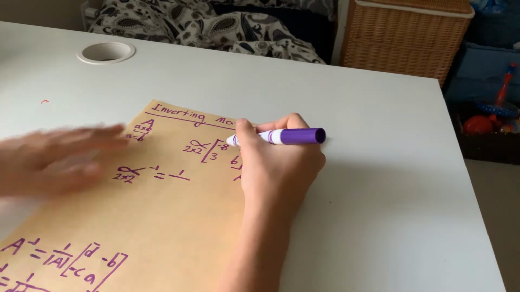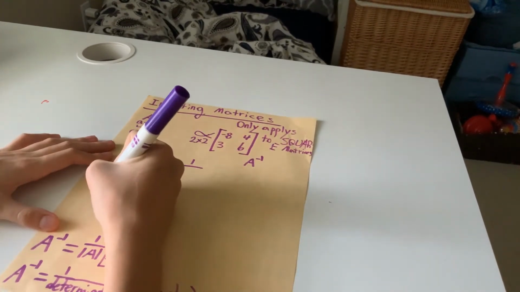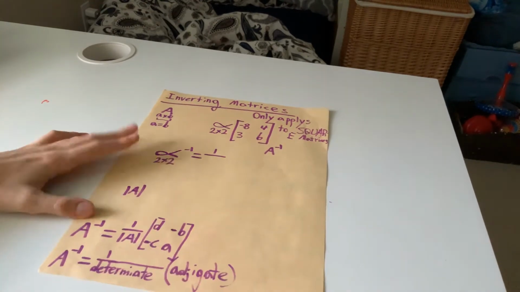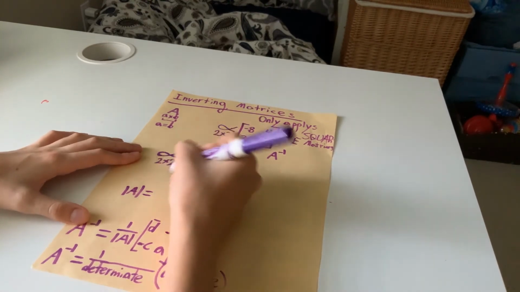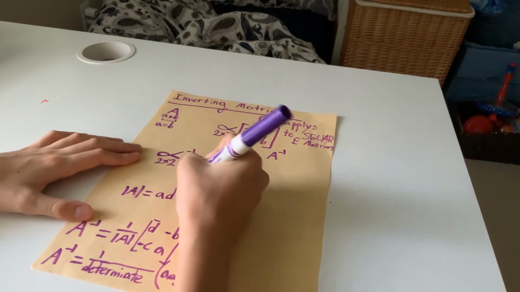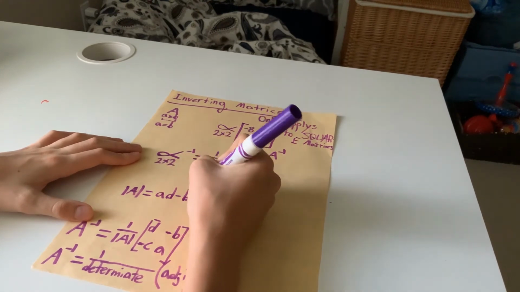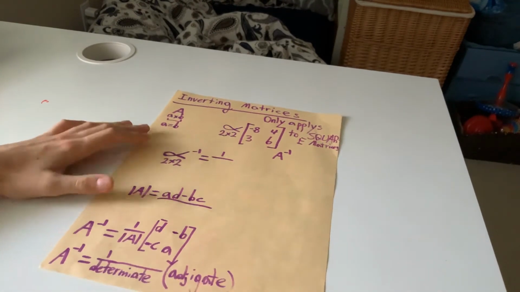So the determinant of A, in a 2 by 2 matrix, is equal to AD minus BC. That's the determinant. So let's just apply this into our formula here.